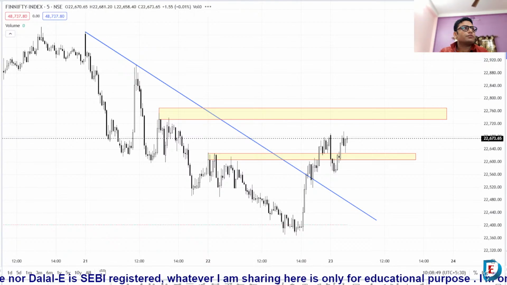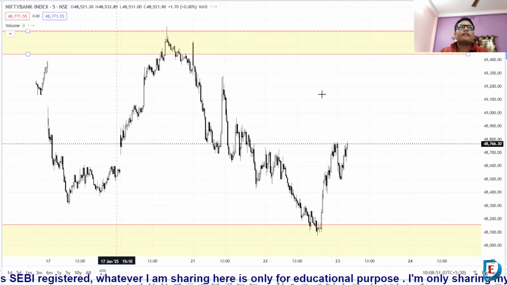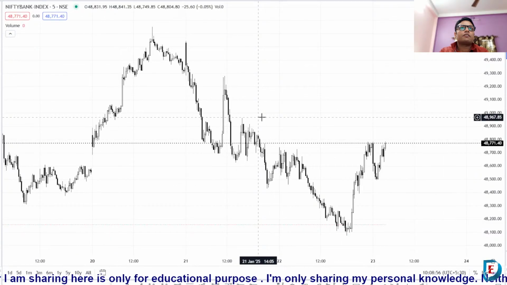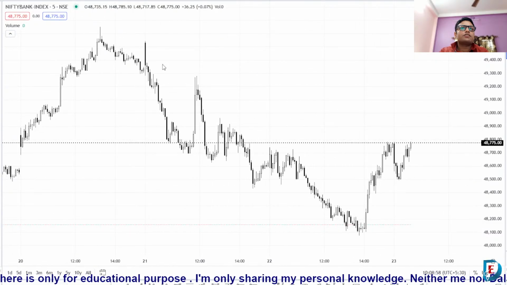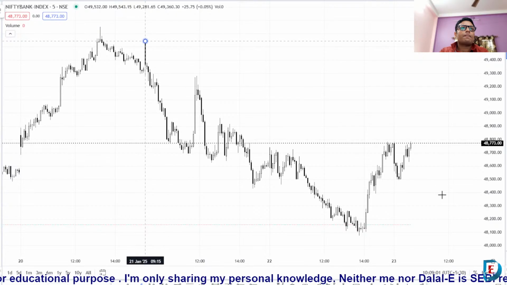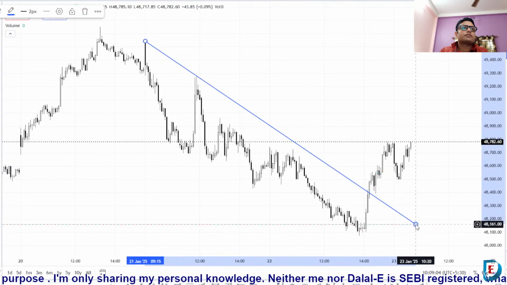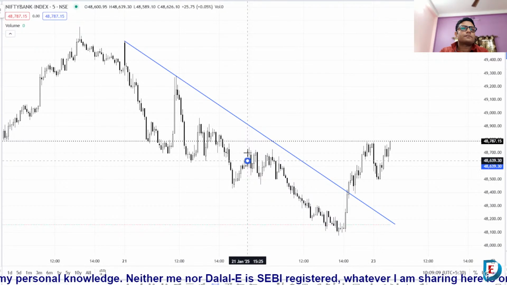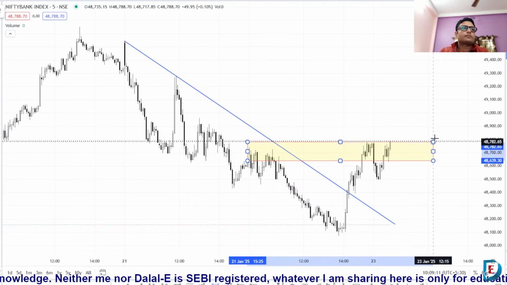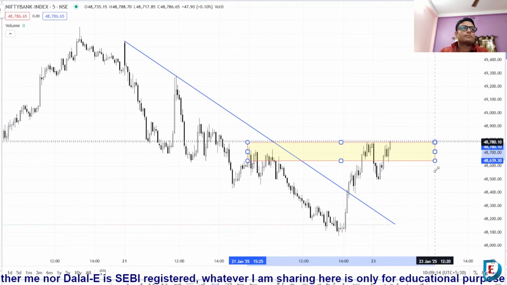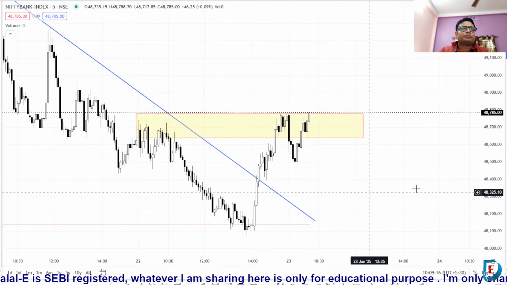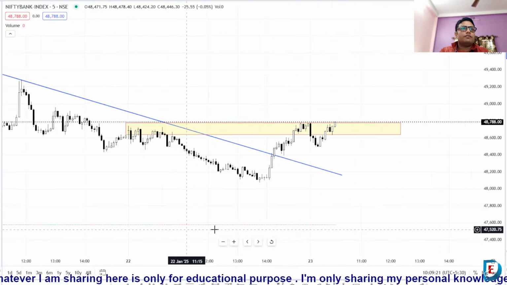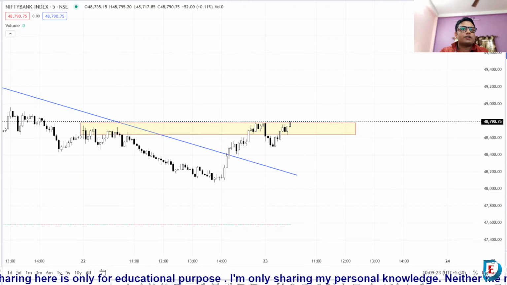Oops, sorry, I have moved to Fin Nifty, sorry. Same scenario almost. Well, Bank Nifty is trying to give upside movements right now.